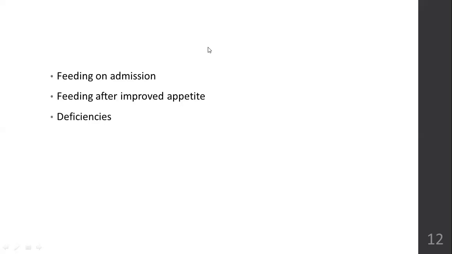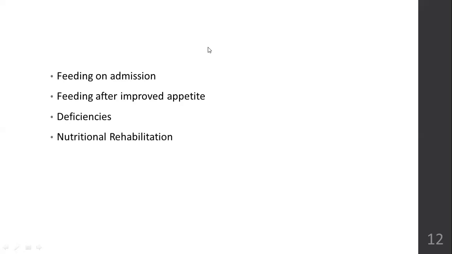Then deficiencies. Vitamin A deficiency has to be corrected immediately, otherwise the child will go blind for the rest of their life. Vitamin D, vitamin E, K, all the fat-soluble vitamin deficiencies have to be corrected.